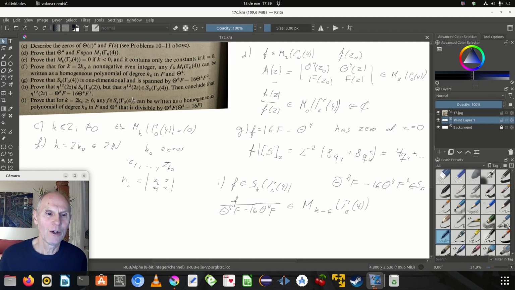And that's why when we take the fractions of the zeros, like in F and in theta, then a lot of the zeros cancel. All right. So it's just a question of whether or not it satisfies the transformation formula. And that's just a question of testing it.